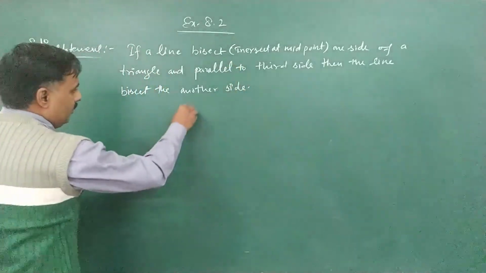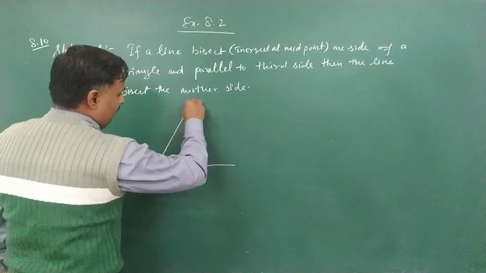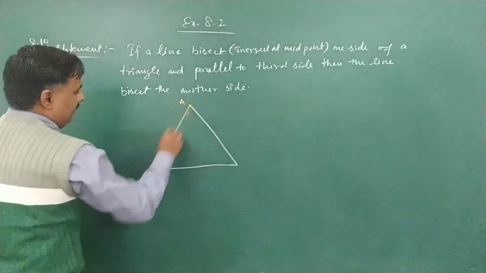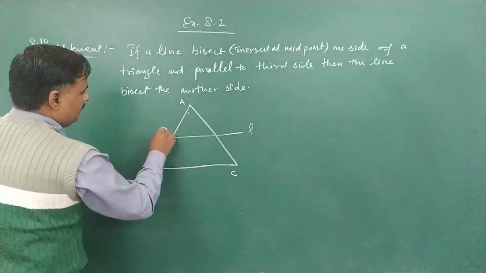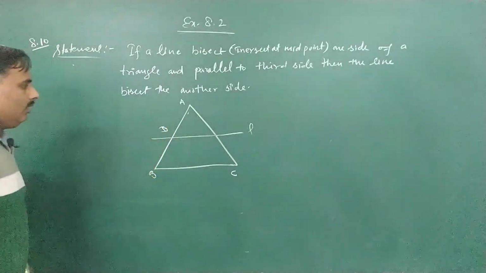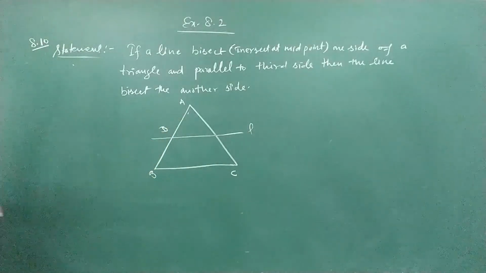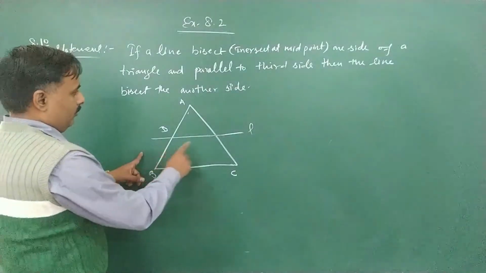We will see this with the figure. Now suppose ABC is a triangle, A, B and C, and L is a line where D is a midpoint. If L is a line and D is a midpoint, then what is given here?